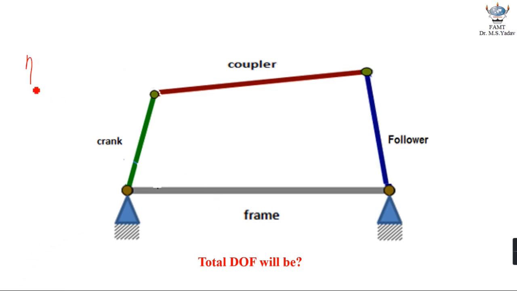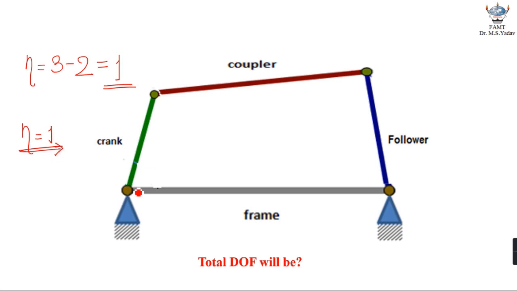So earlier in this configuration 3 degrees of freedom were there, and after forming a turning pair between the follower and the frame, 2 more degrees of freedom will be lost, and 1 degree of freedom is left, which is the degree of freedom for this particular mechanism.